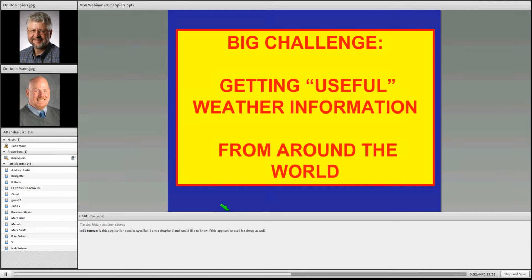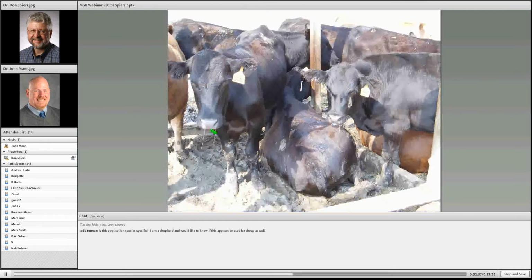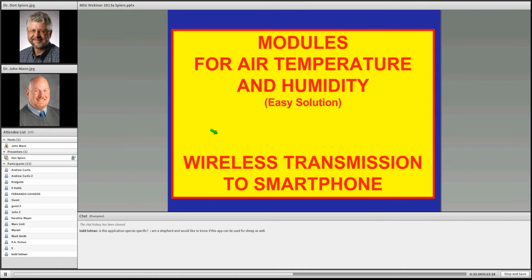We also want to get information. We want to be able to use this in other parts of the world, in other parts of the country, maybe where there isn't internet or Wi-Fi availability. So this is something that we're trying to work on to get the information in on situations like confined dairy or feedlot situations. So what we're planning on doing is creating modules for temperature and humidity. That's an easy solution, actually.